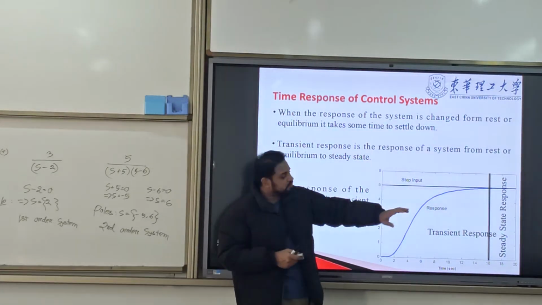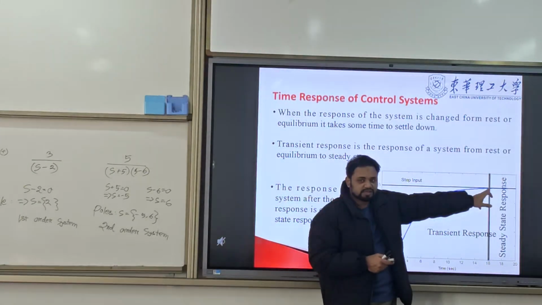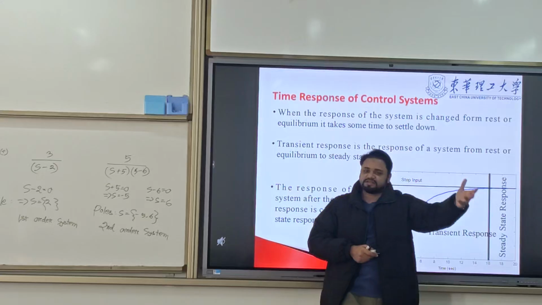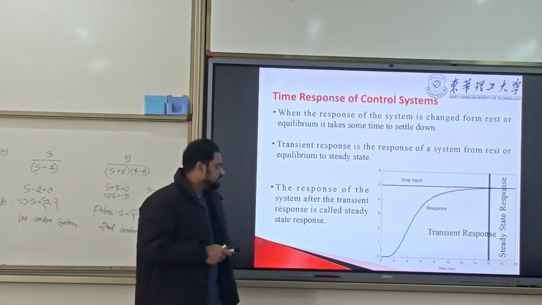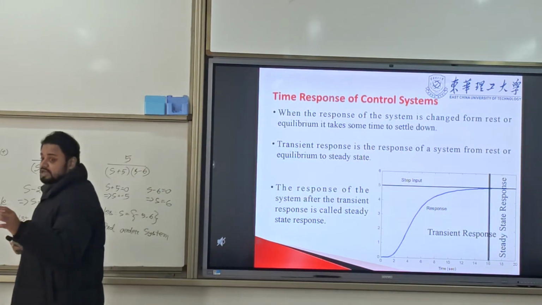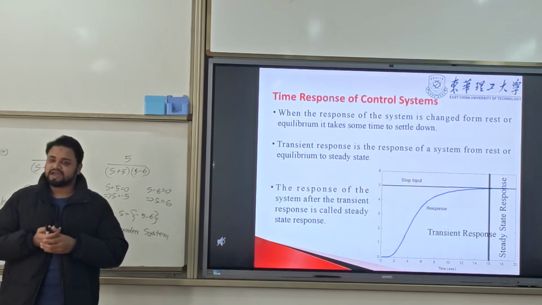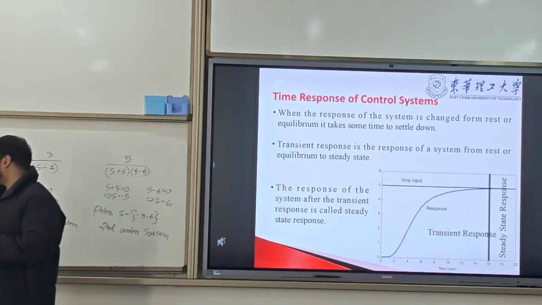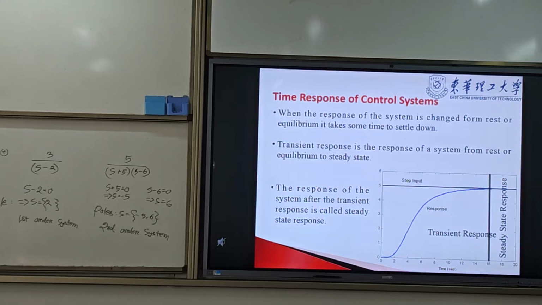And the steady state response: once the system has reached this steady state point, whatever the response is after that is the steady state response. So what is the steady state response? Steady state response means stable response. That means our control system is stable now. Any control system you design has to be stable. We already know how to define it: if all the poles are in the left half plane, then we call it a stable system.